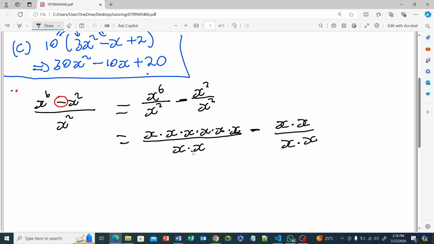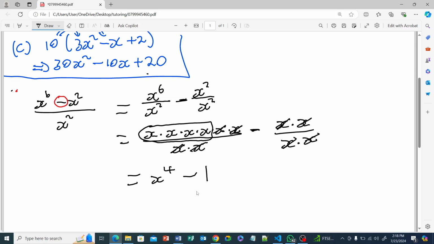So this x will take that one out, and this one will cancel that. We are left with 4 x's on the numerator, so it's x to the 4, because you multiply x by itself 4 times. Minus, when any number is divided by itself, you get 1. Now you have simplified this equation.